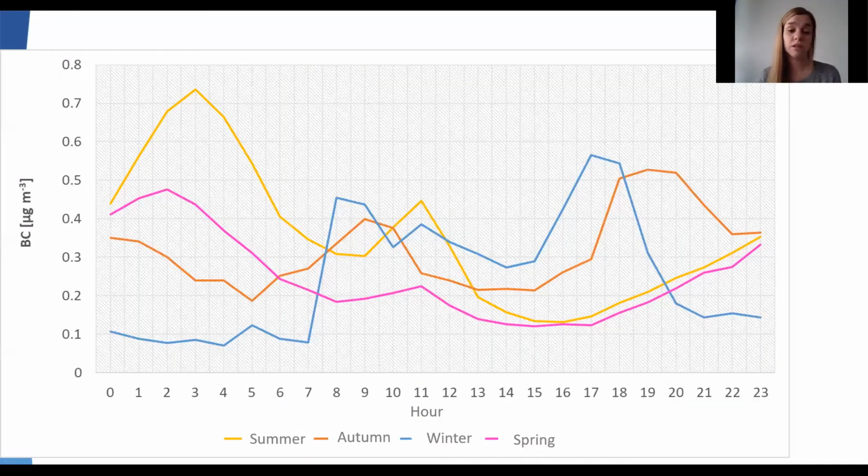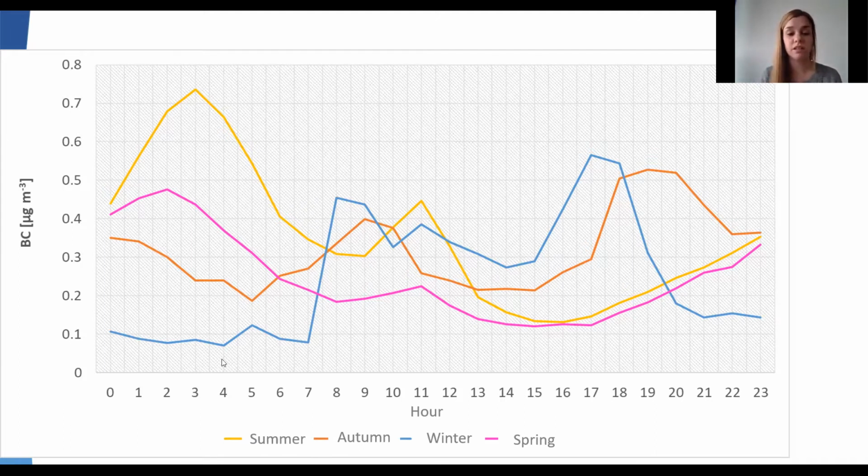In this graphic, we can see the black carbon atmospheric concentrations, the daily profile, averaged by hour. The main characteristic of the graphic is that in summer, spring, and autumn, max values are given during the night. But in winter, the max values are given during the day.